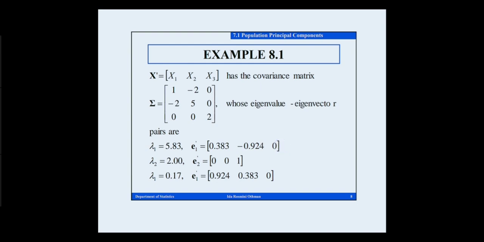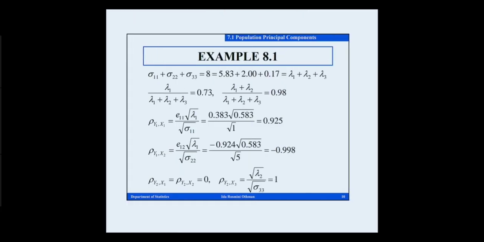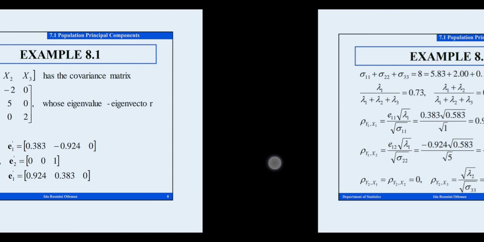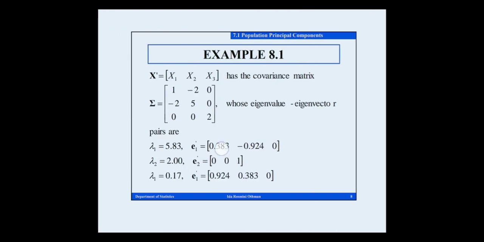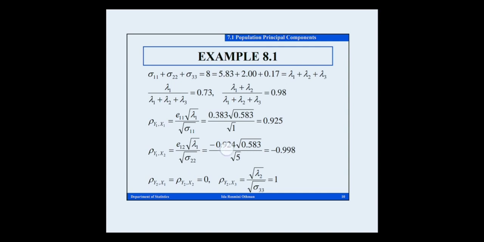That is why we can only find the correlation between the first principal component and the first variable, and the first principal component and the second variable. Using the formula, E11 here is 0.383 that we get from here, and E12 here.